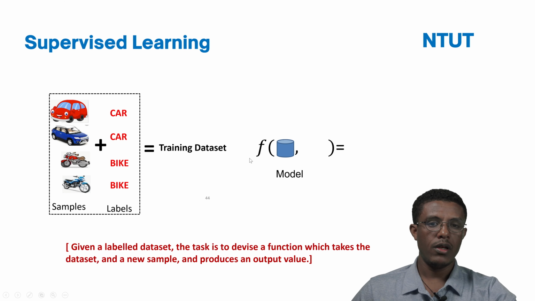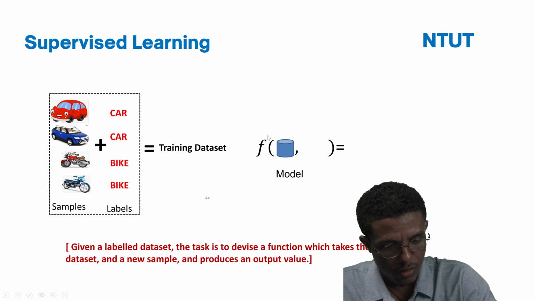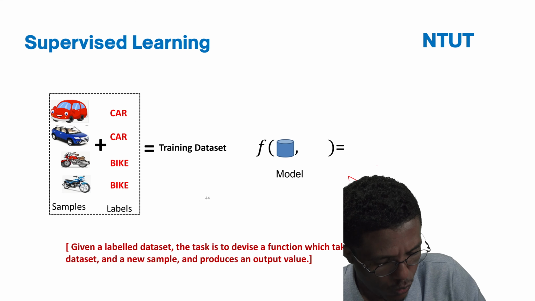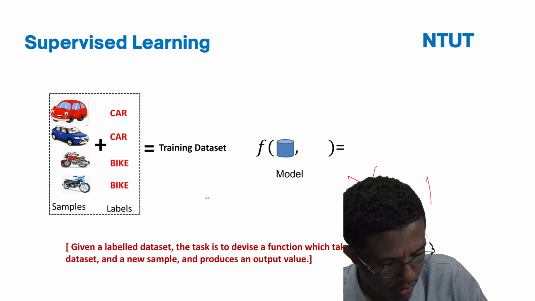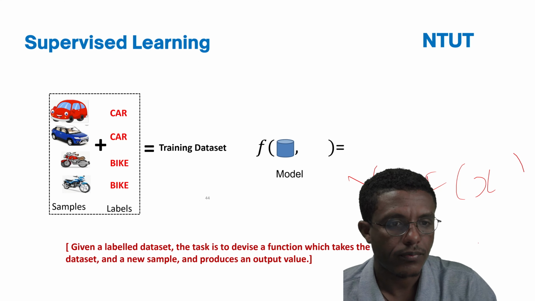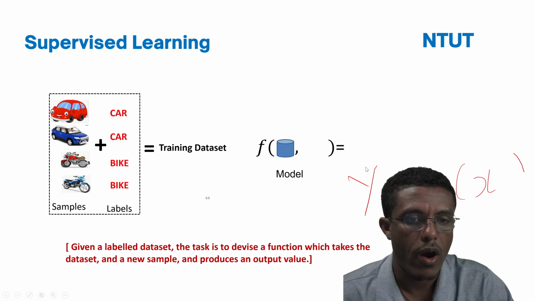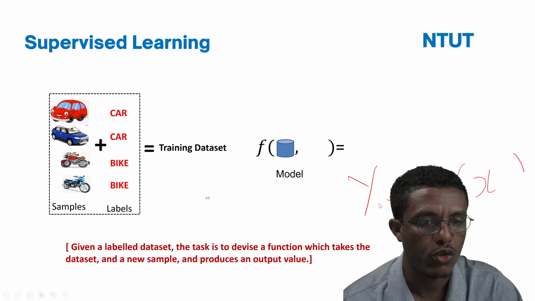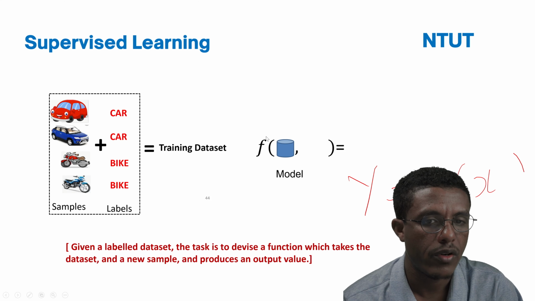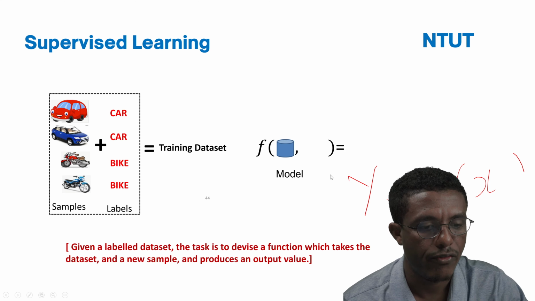So for example, this is a function or a model in the framework. We say that y is equal to f of x. Here y represents the output, f represents the function, and x represents some figure.